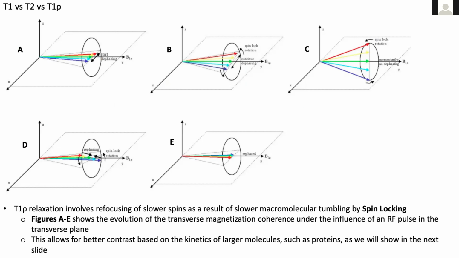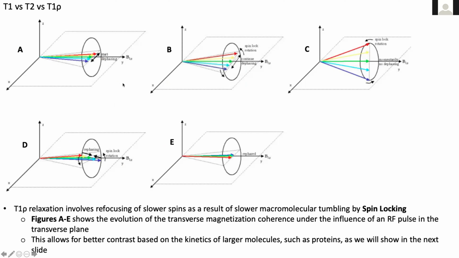To explain T1 rho, we have an RF pulse on the Y axis, a rotating RF pulse around the Y axis. What happens is that we see precession in the ZX plane.